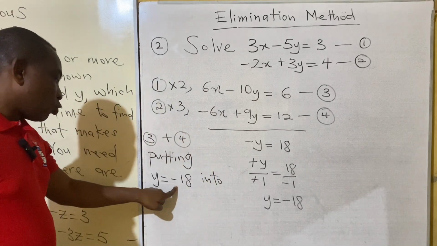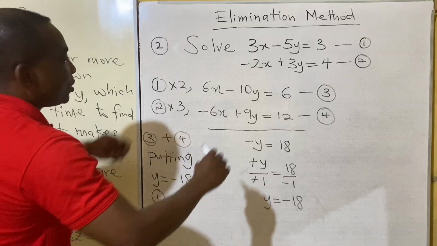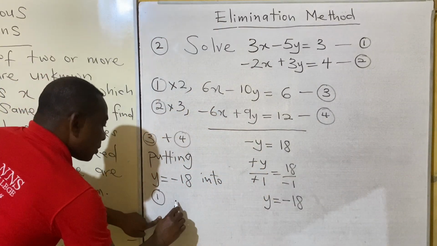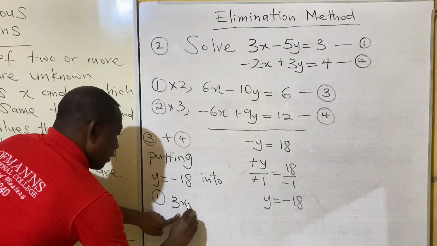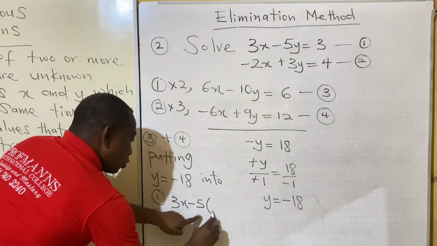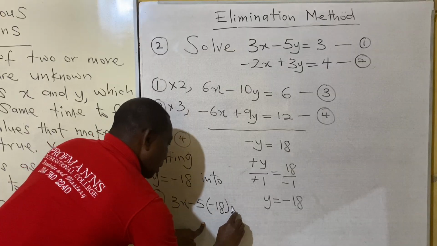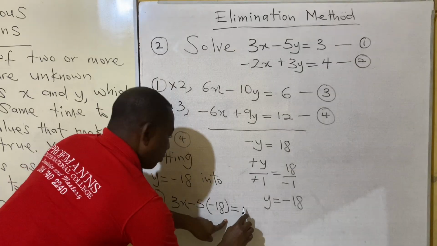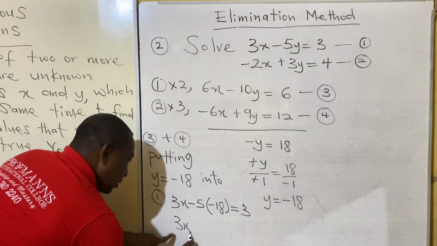We put y is equal to minus 18 into any of the equations 1, 2, 3, or 4. Putting y is equal to minus 18 into equation 1. So what is equation 1? This. So it becomes 3x minus 5 into minus 18 is equal to 3. So we have 3x.